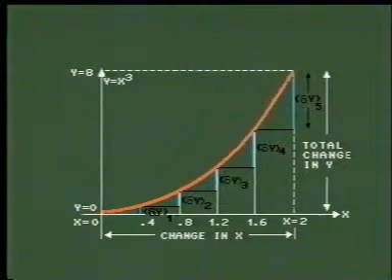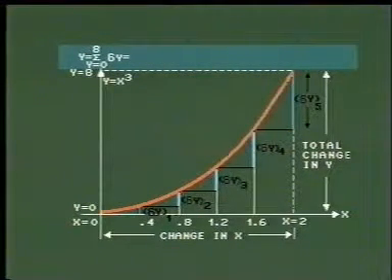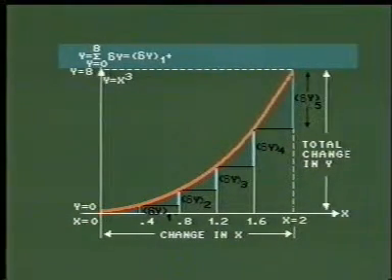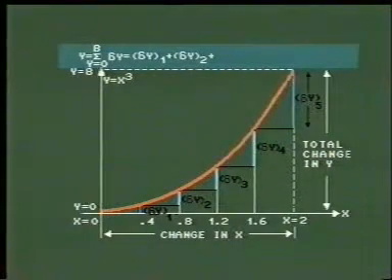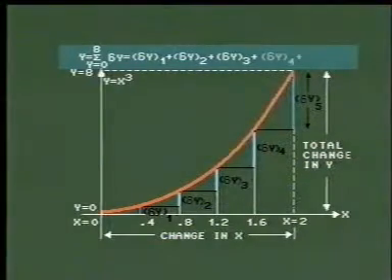Therefore, total change in y is equal to sigma delta y. Y varies from 0 to 8 is equal to delta y1 plus delta y2 plus delta y3 plus delta y4 plus delta y5.